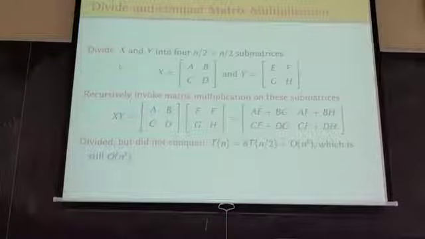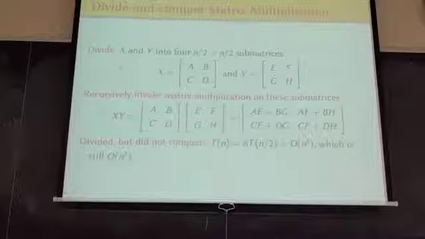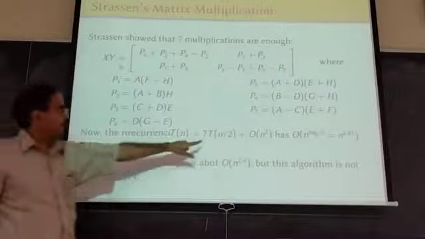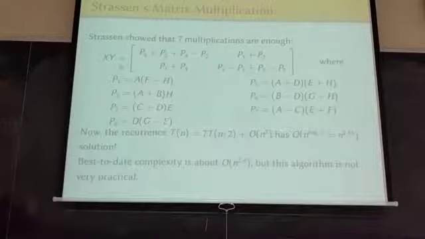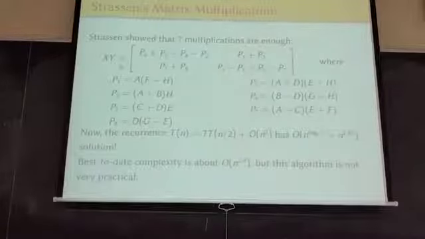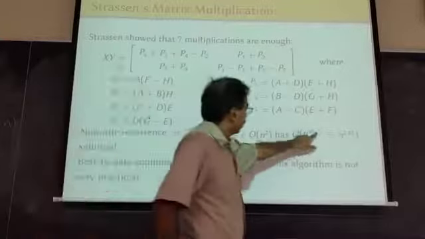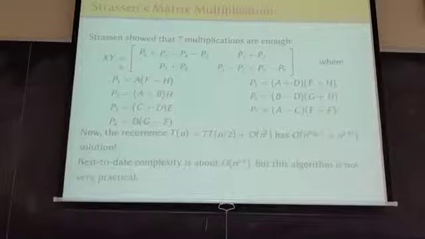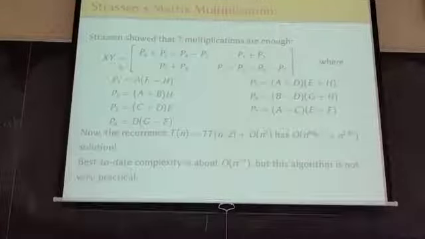And once you're able to do 7, you get this recurrence, T of n equals 7 times T of n by 2 plus O of n squared, which, if you plug into your master theorem, will tell you that this has complexity n to the log base 2 of 7, which is definitely better than order of n cubed.